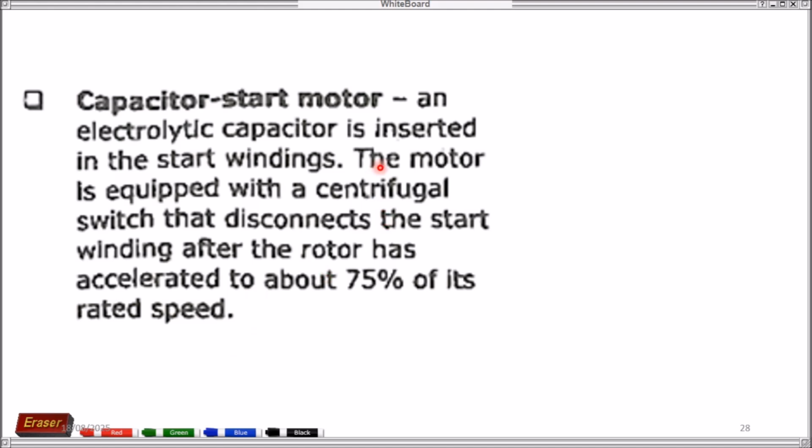So ibig sabihin po natin, yung motor po natin ay meron siyang capacitor na connected sa kanyang start winding. Tapos it is also equipped, no? Meron pa siyang centrifugal switch that disconnects our starting winding if the motor is now running at 75% of its rated speed.